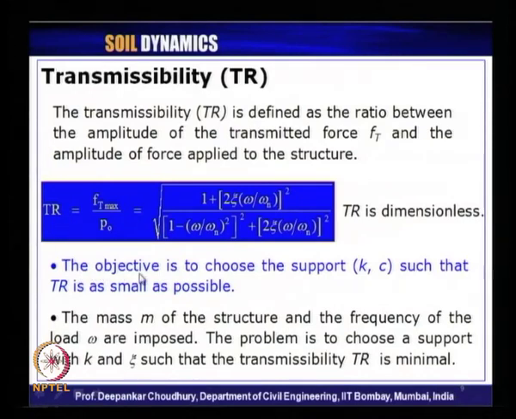Because the objective is to choose the support, that is, the support involving the stiffness and the damper. When we provide a foundation, what do we make sure of? What is the stiffness provided by the foundation soil system and how much damping is provided by the foundation and soil system? So, we have control over these parameters k and c in the design, such that the transmissibility ratio is as small as possible. Why?